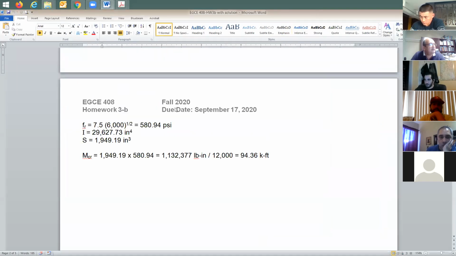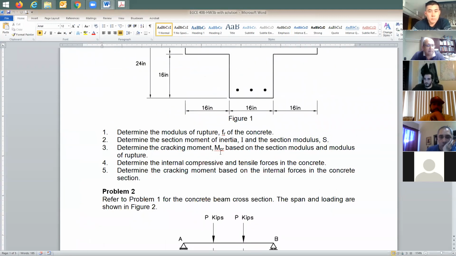I don't see it on Canvas. Is it under assignments? It's on the actual assignment. You have to click on the assignment on Canvas, and then it would show it. Oh, I see it. Okay.